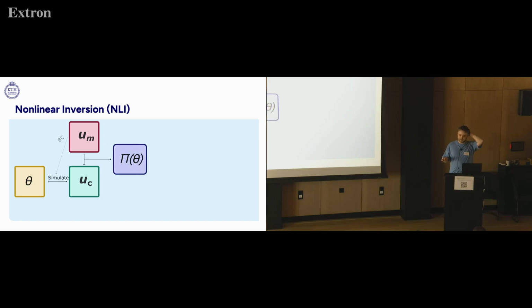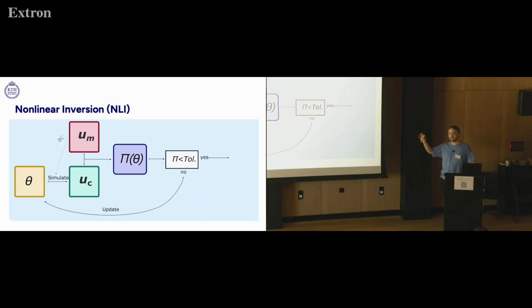You then compare these two and create an objective function that's more or less the distance between the two different fields. You have some preset tolerance for this value, and if it's not small enough, you use this function to update the material field. Then it goes around and around until the objective function is sufficiently small, and then you say that you've converged. So the theta that you have is the theta of the material.